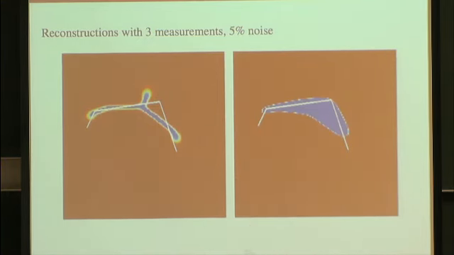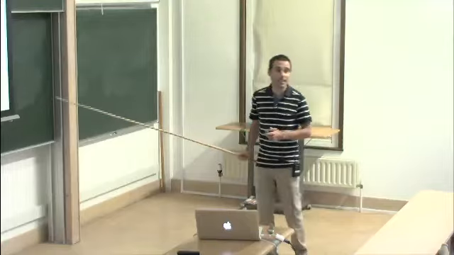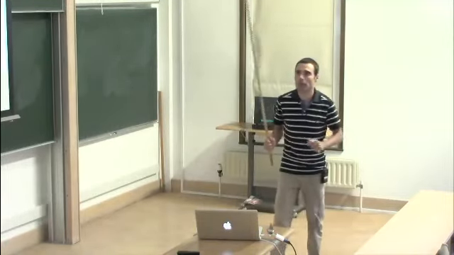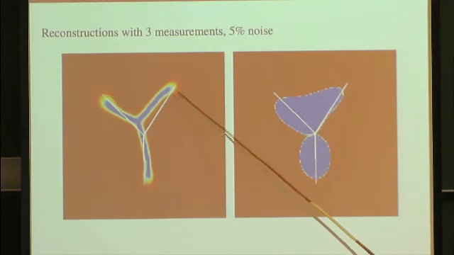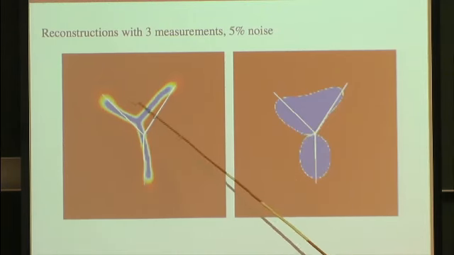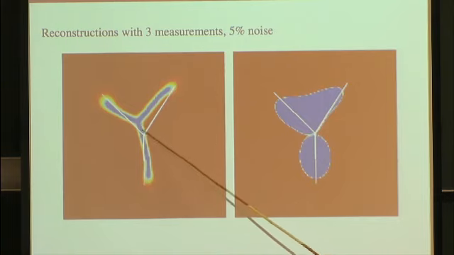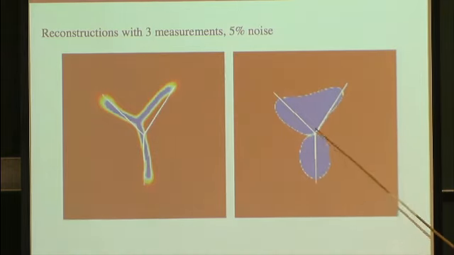And finally, since it likes to build a structure like this, we try to look at what happens if you want to reconstruct something like this, which is a rather difficult crack to reconstruct. So you take a Y shape here, and the crack method gives you a pretty good reconstruction with 5% noise, but also the cavity method, I think, gives you the main feature of this defect in here, and so this is not a bad reconstruction at all.